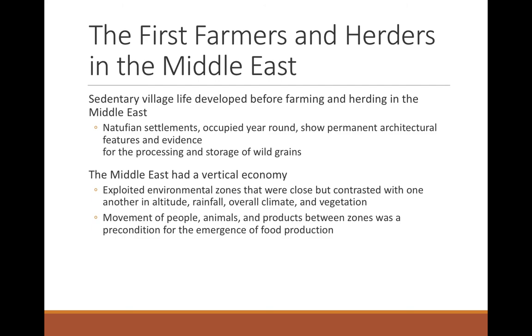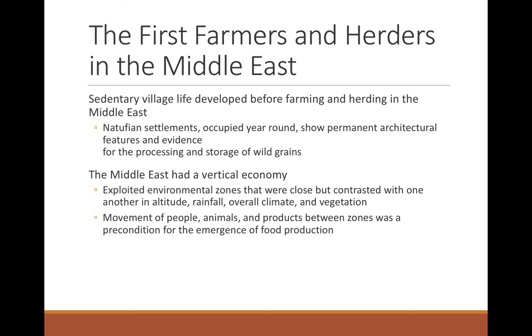Sedentary life is a precursor for farming and herding. Natufians built settlements that were occupied year-round. They show permanent architectural features and evidence for the processing and storage of wild grains. The Middle East is characterized by this vertical economy. This is the juxtaposition of environmental zones that's facilitated through gains in elevation.